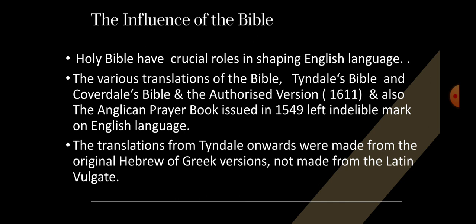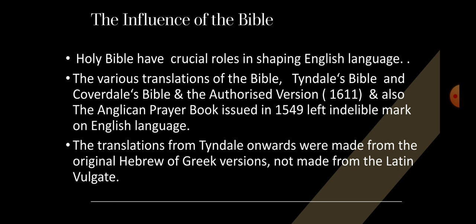When we consider the influence of Bible on the English language, we have to take account of mainly three versions of Bible. Which are they? The first one is the translation by Tyndale.